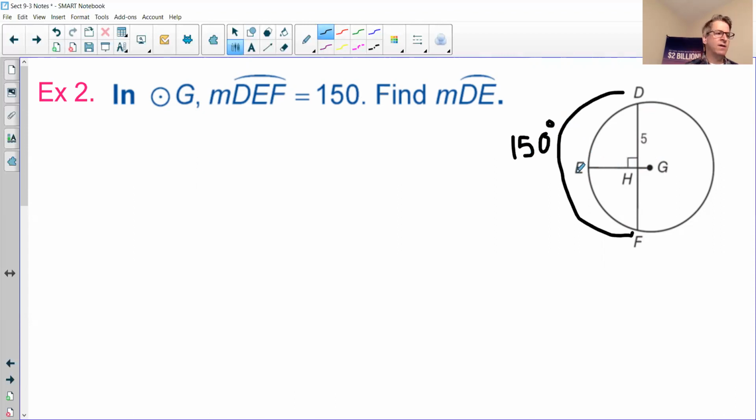Because of the previous theorems, if we're looking to find DE, the measure of arc DE is going to be 75. This is 75, half of the 150.